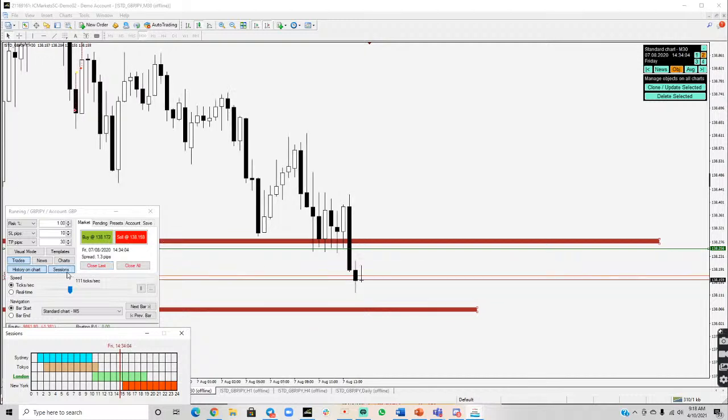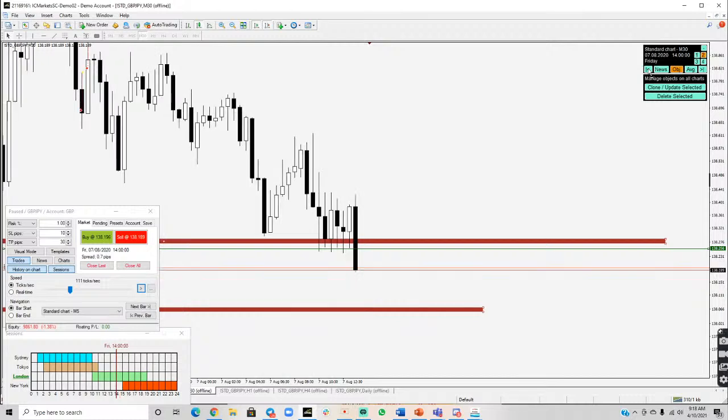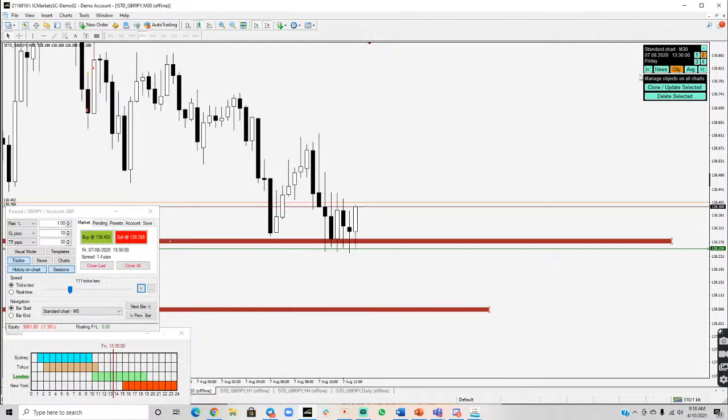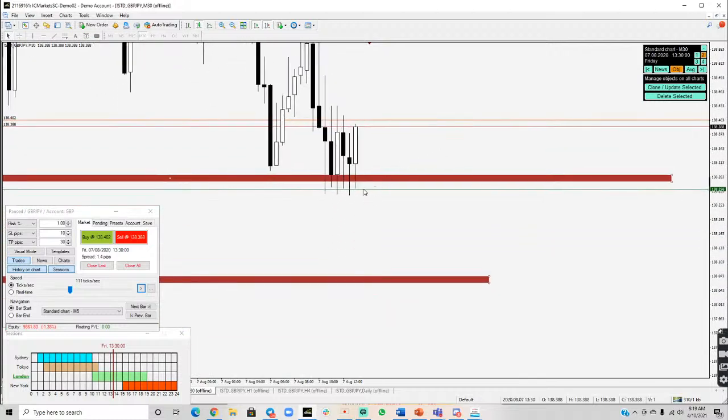Alright, so in looking at this, just to show you guys something. The only option would actually be as price starts to break these wicks right here to take a sell.